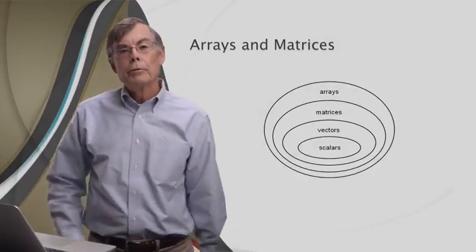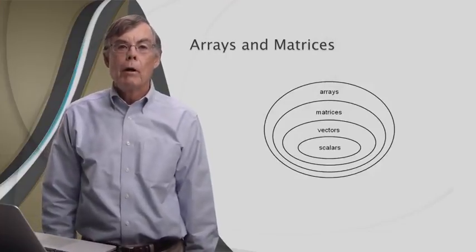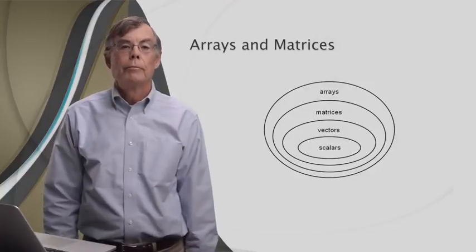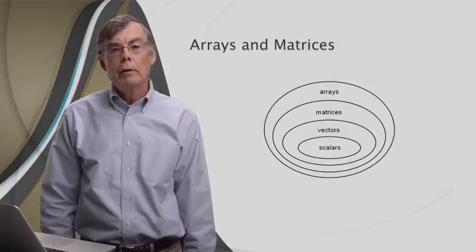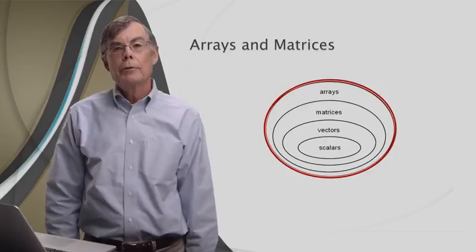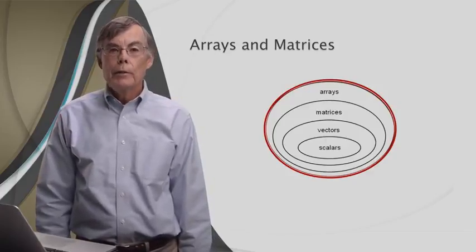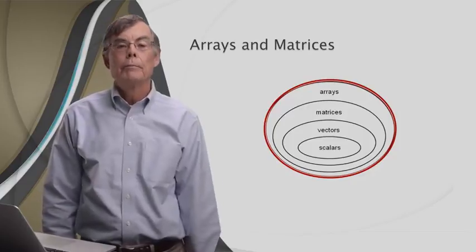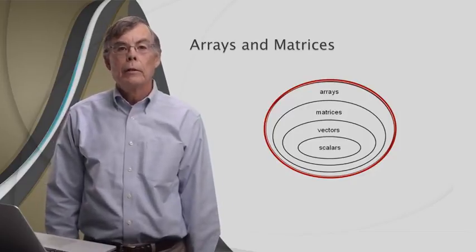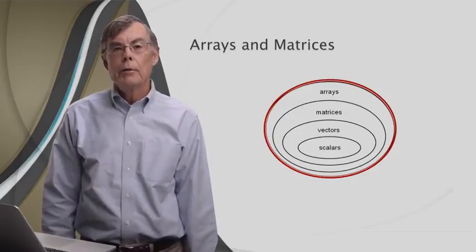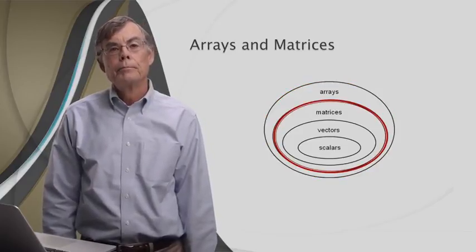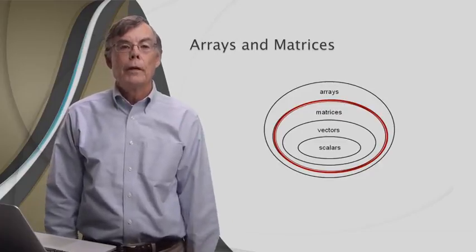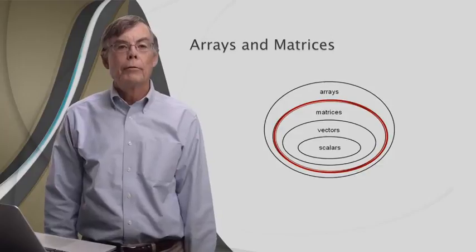Let's look at a picture from the book that shows the relationships among all these types of arrays. Here we see all four types, the arrays, the matrices, the vectors, and the scalars. First, we highlight the set of all arrays. This is the biggest set, and it includes all numbers of dimensions, 1, 2, 3, 4, and on and on. In particular, it includes as subsets the special types of arrays, the ones with other names. Here are the matrices. You can call these matrices or arrays, and inside the matrices are the vectors.